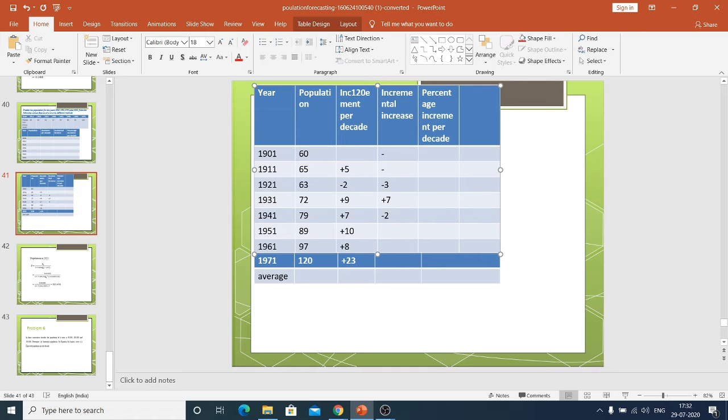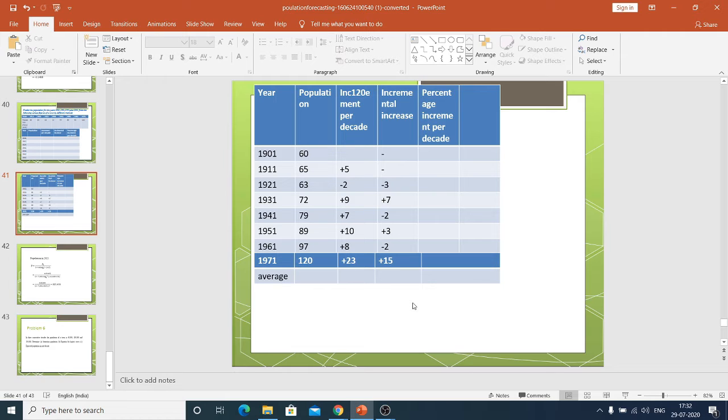Next one is 10 minus 7, plus 3. Next one is 8 minus 10, is minus 2. Next one is 23 minus 8, that is plus 15. Clear? So this way you will get the incremental increase.